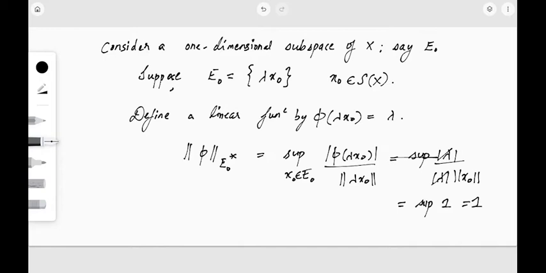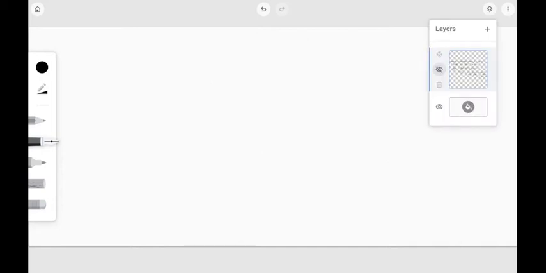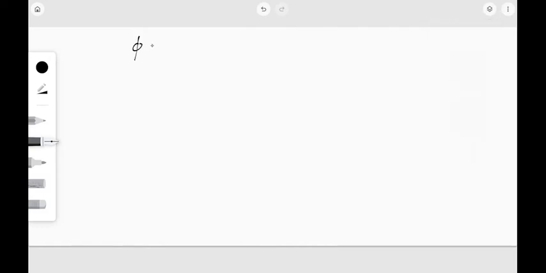Now we are going to use the Hahn-Banach theorem. We had considered a linear functional phi, an element of E₀ star. Then by the Hahn-Banach theorem we can find an extension to this function.